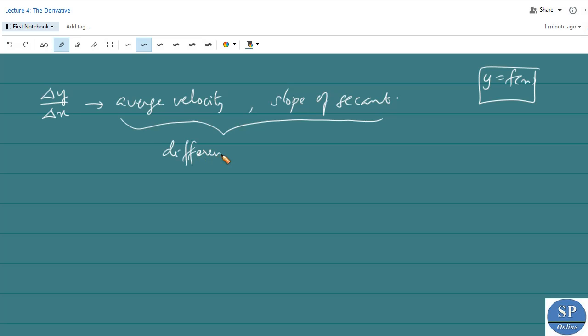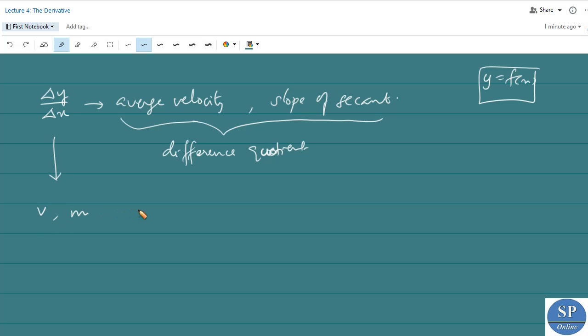So we can call this delta y by delta x the difference quotient. And also in the previous cases, we used the limiting case of this delta y by delta x as a letter v or m.